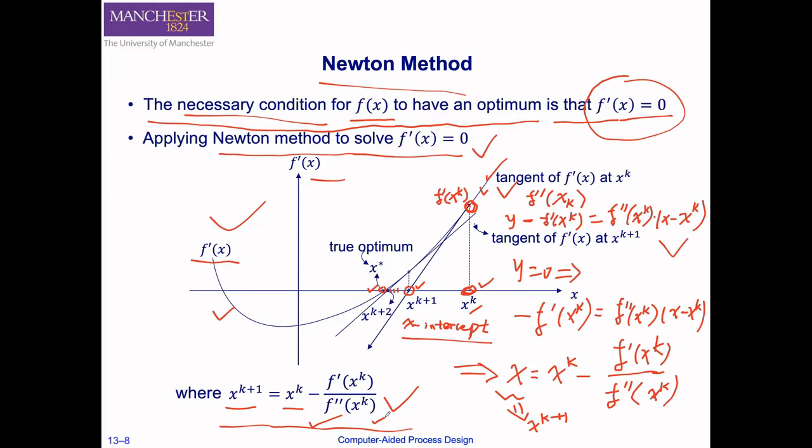As we discussed before, a saddle point also satisfies this equation. That means Newton's method may find a saddle point which is not an optimal for the function f(x). In other words, Newton's method may not always find an optimal for the function f(x).